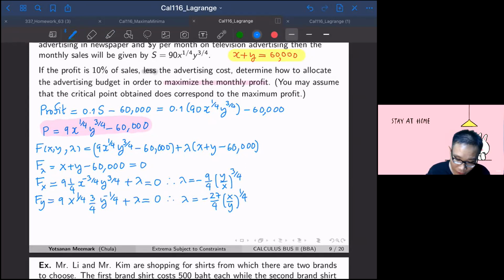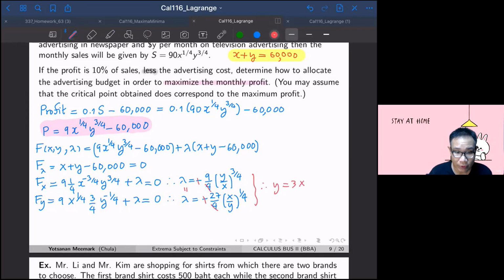These two are the same. This allows you to have the relationship between x and y, so you can get rid of the negative, and cross multiply, so you would get y equal to 3x.